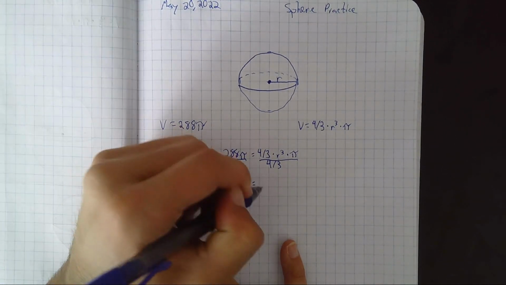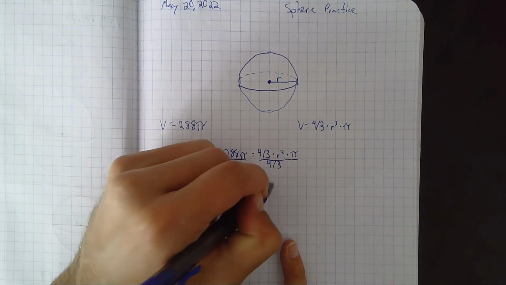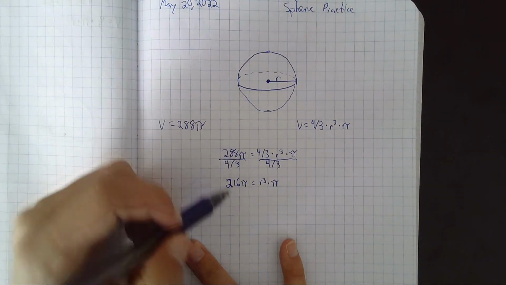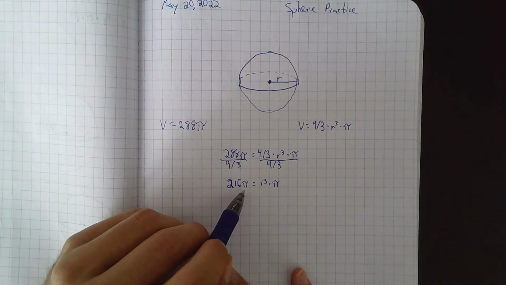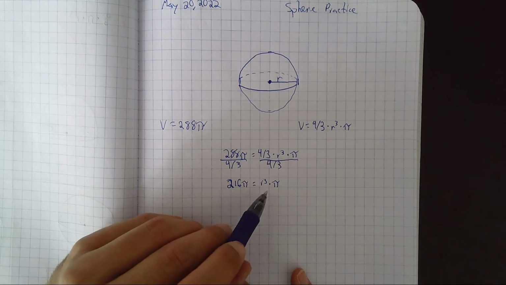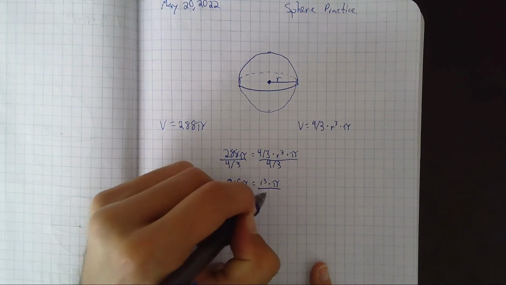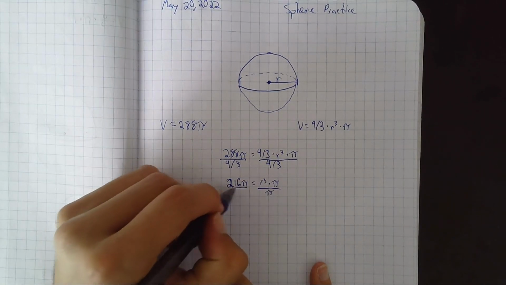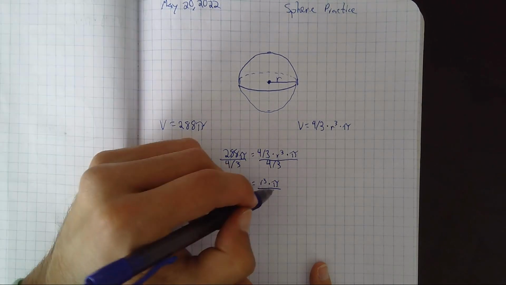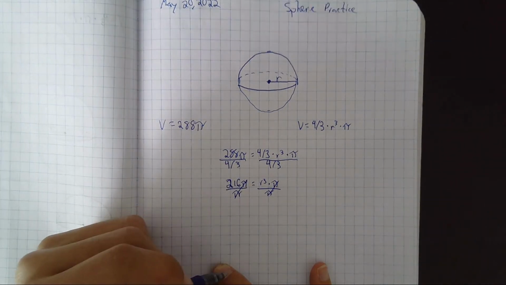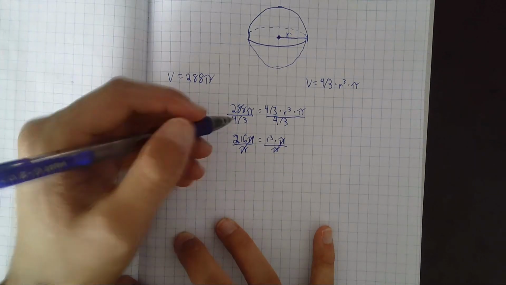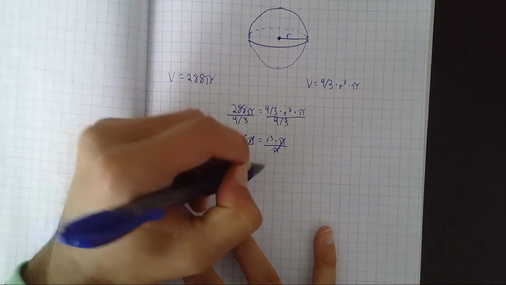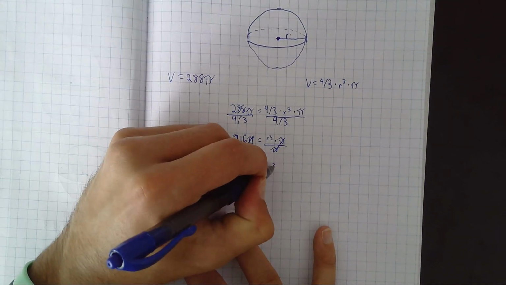Now we're left with radius cubed times pi. So now I see that I have a pi on both sides of the equal sign. So next I'm going to divide by pi. So the pi just cancels out on both sides. So we're left with 216 equals radius cubed.